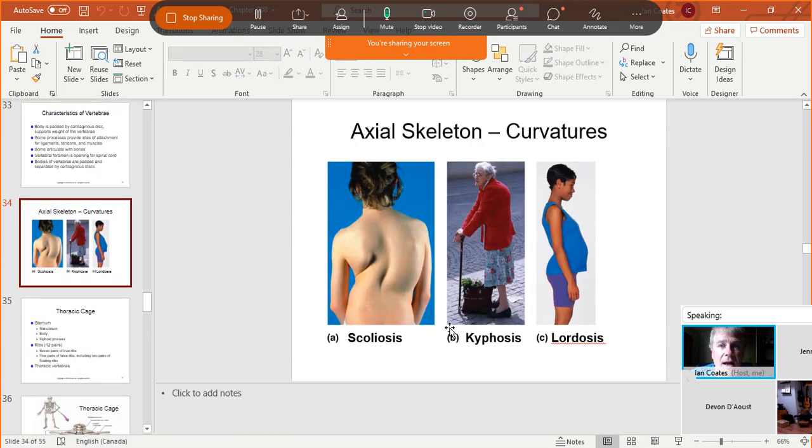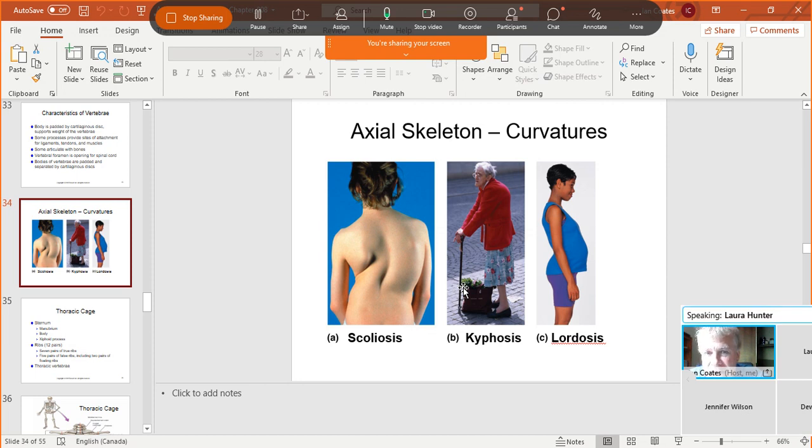This is kind of interesting. There are 3 different curves of the spine that I'd like you to know. One is scoliosis. This is a left-right curvature of the spine. That looks like my spine.